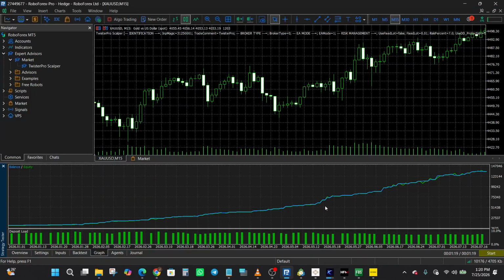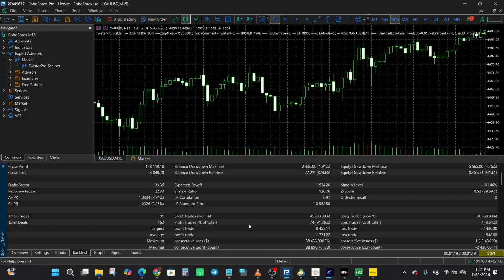So now to close this out, based purely on the available information, TwisterPro Scalper's historical testing shows an unusually strong outcome, low drawdown, and a trade frequency that matches its own fewer, better trades positioning.